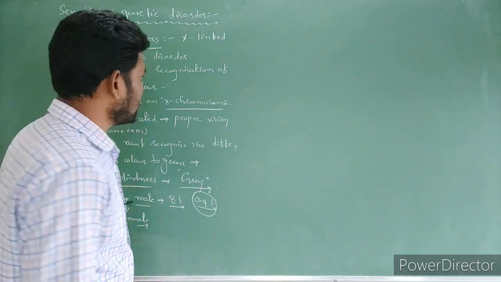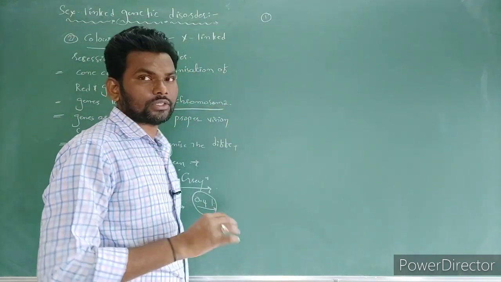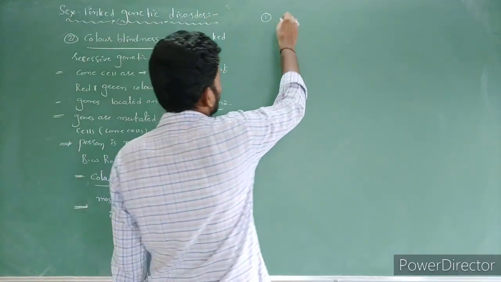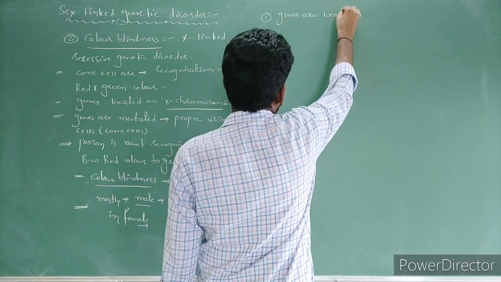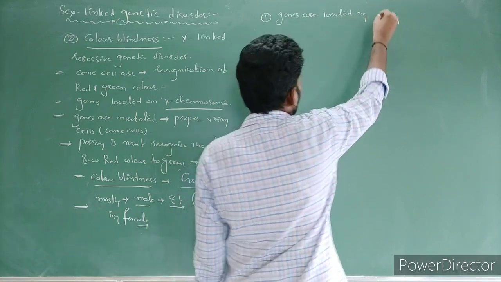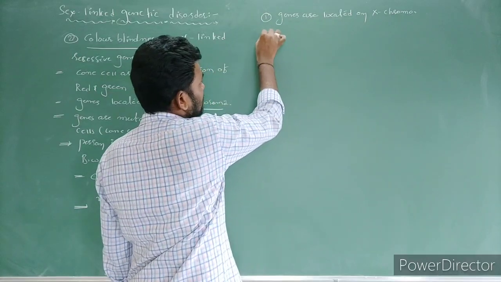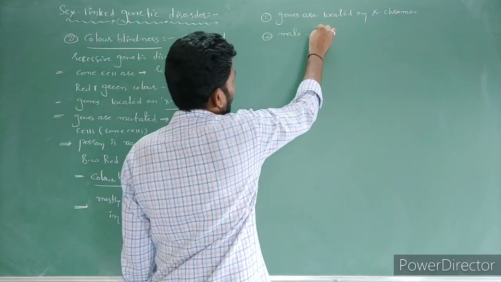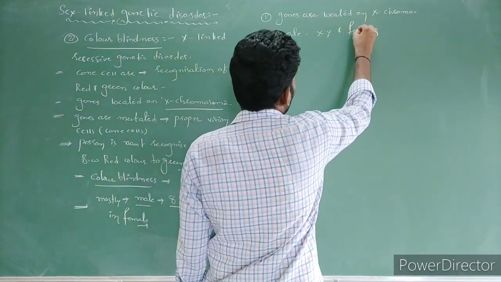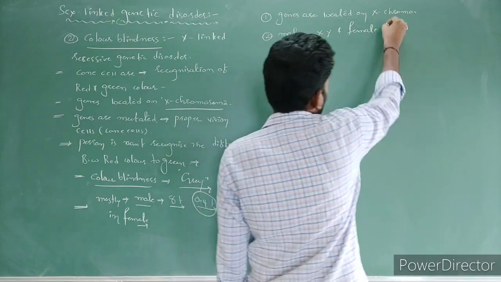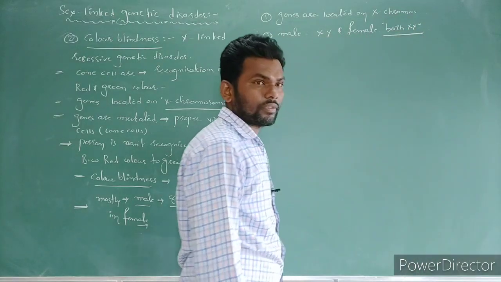Okay, let's see the reasons why there are fewer chances of color blindness in females. First, you know that these genes are located on the X chromosome. Next, in males the X chromosome and Y chromosome are present, and in females both X chromosomes are present. Then what happens?